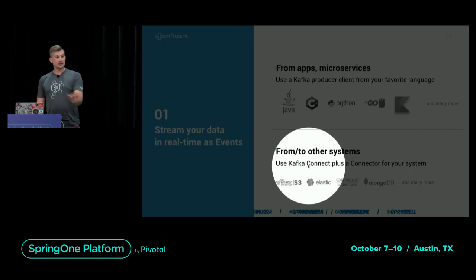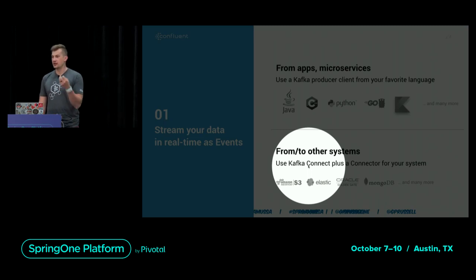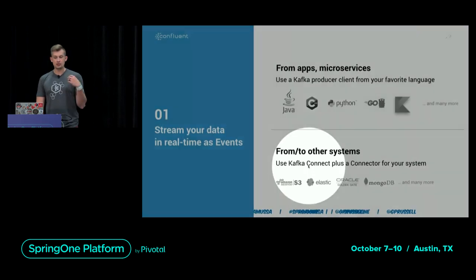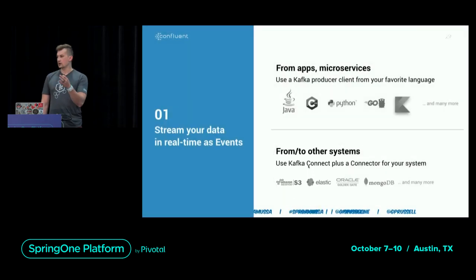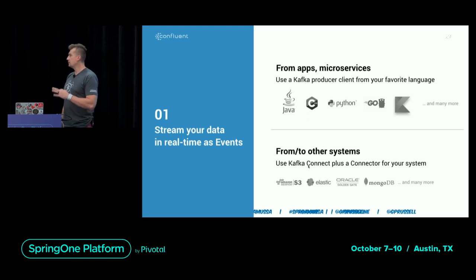Now, it appears that there are many systems that require integration with this event streaming platform, right? You need to bring data from Oracle, from Mongo, from MySQL, from Postgres, from multiple places.